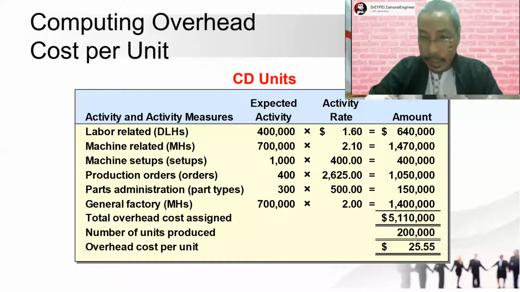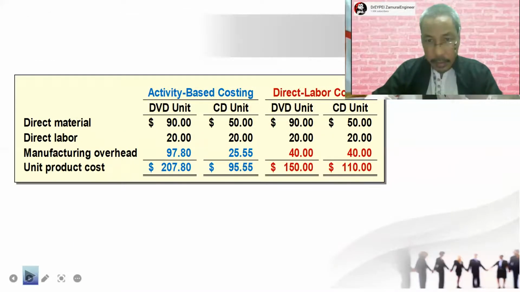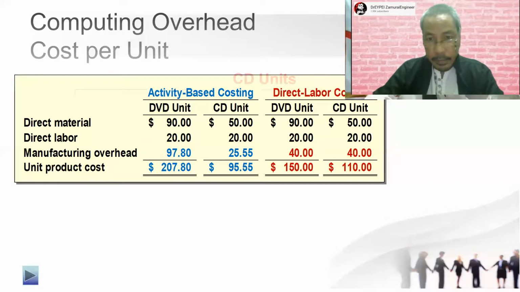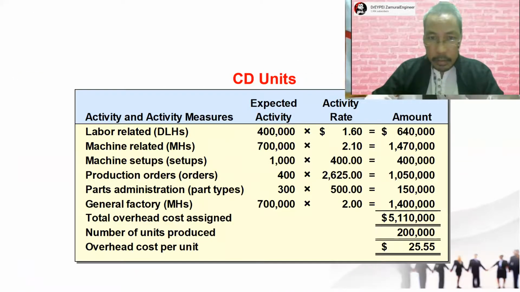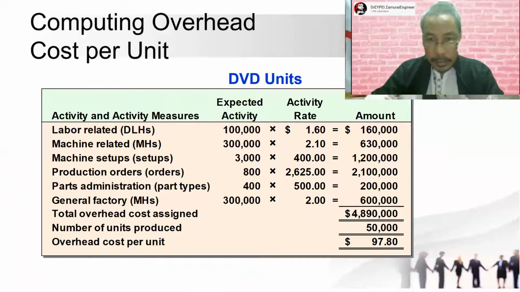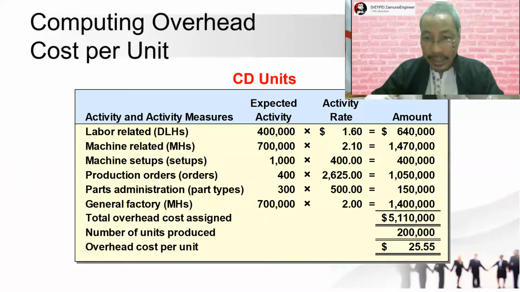And this is different from the DVD because now it is equal to $640,000 for the first one, while if we look back on the DVD, that is $160,000. Now, on the CD, that is $640,000.